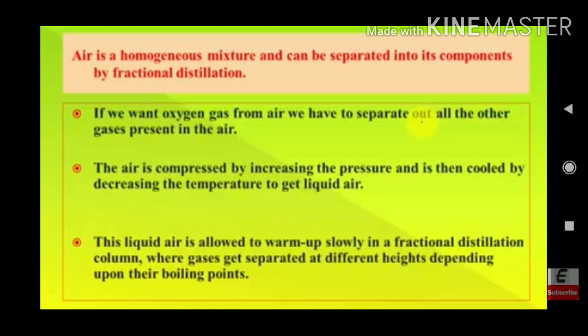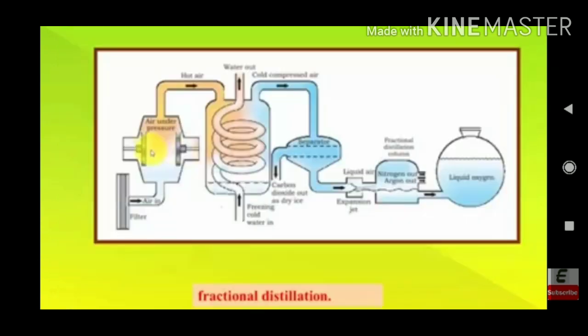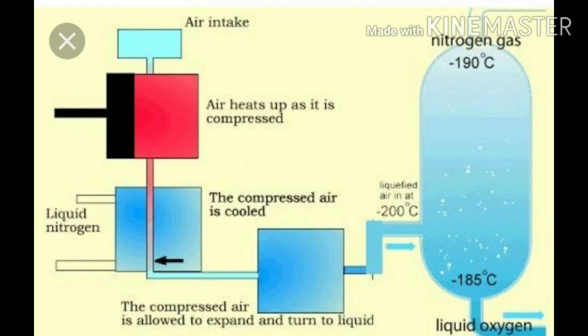Air, first of all, is filtered to remove impurities such as dust particles present in the air. Then by increasing the pressure, it is compressed to a very low volume, and then the temperature is decreased, because the compressed air becomes hot, so it should be cooled.